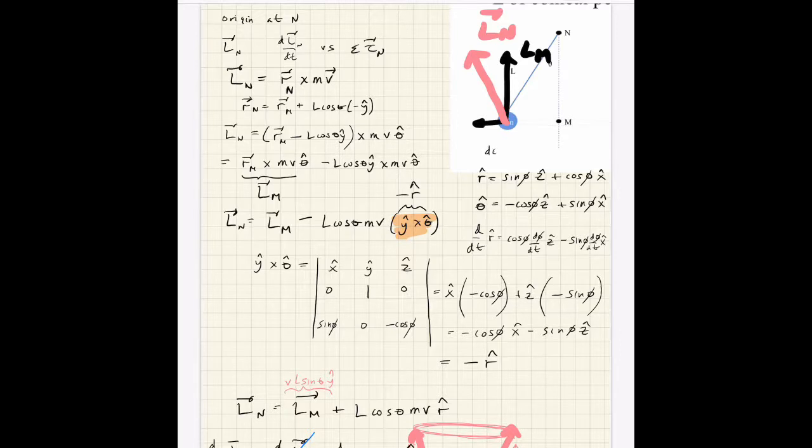Remembering that d phi dt is just omega, the time derivative of r hat is equal to omega times minus theta hat direction. So here's theta hat. Well, in here is a minus theta hat. So the time derivative gives us a minus omega in the theta hat direction.